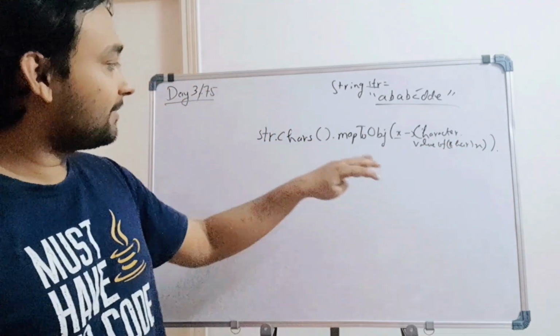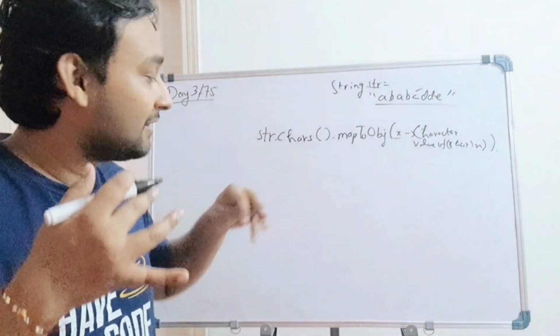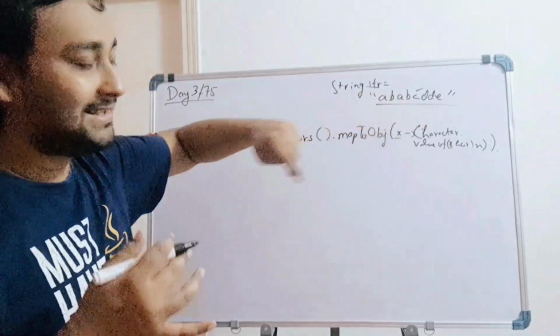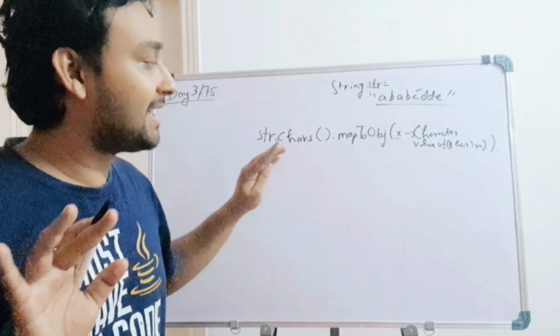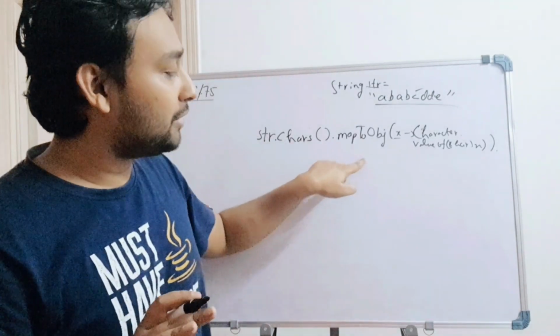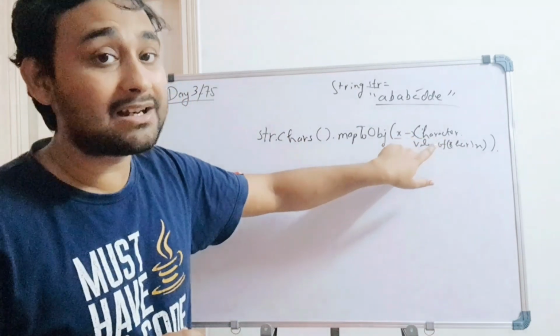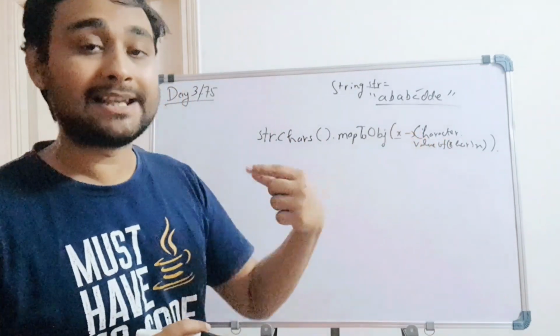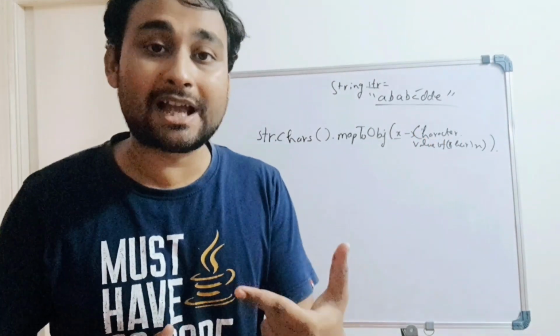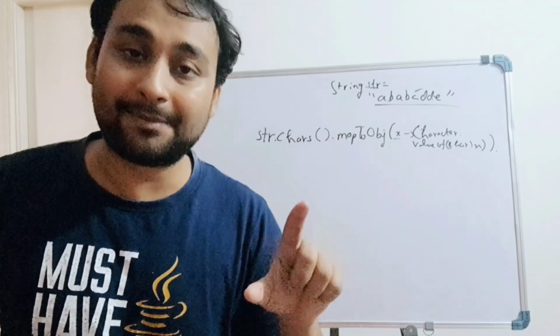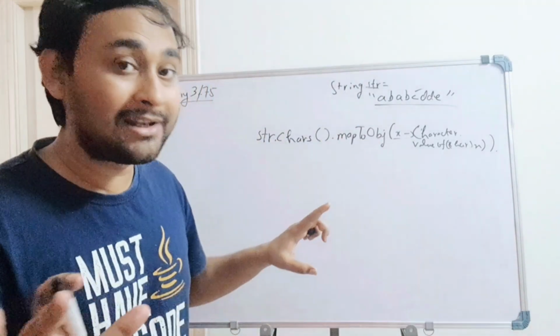Why are we doing downcasting? Because it's of character type, right? It's A, B, C, D, all will be characters. But I need to map to an object, so for that we have to make use of the Character class. It's a wrapper class, just like Integer is a wrapper class, Float with capital F, Double with capital D, all of those are wrapper classes.